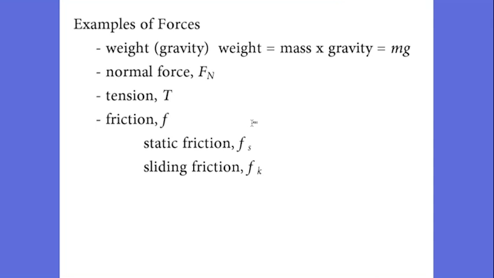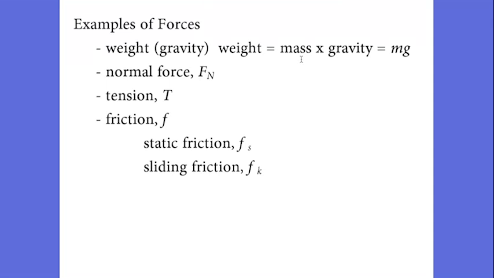All right, so the four forces that we'll see a lot of are weight, normal force, tension, and friction. First one, weight, that is the effect of gravity on an object. Everything has mass, and how hard gravity pulls on that mass is called its weight.